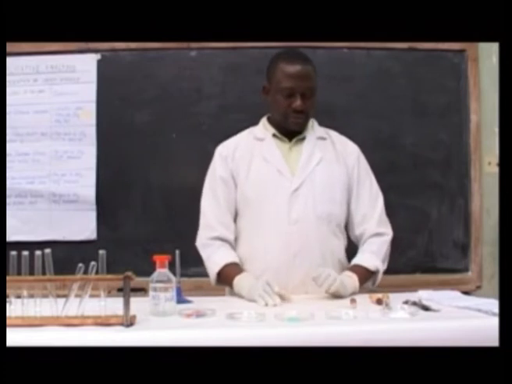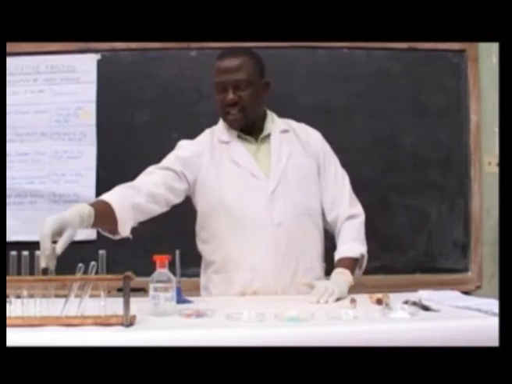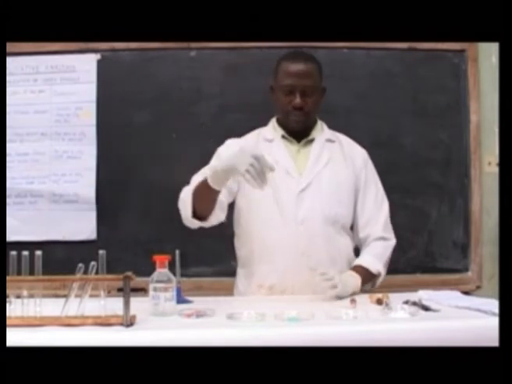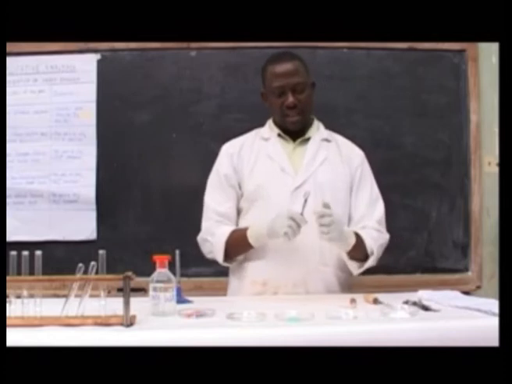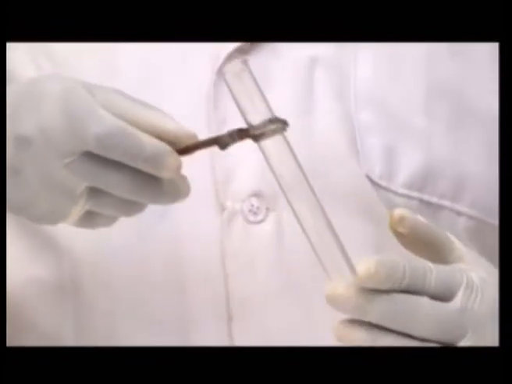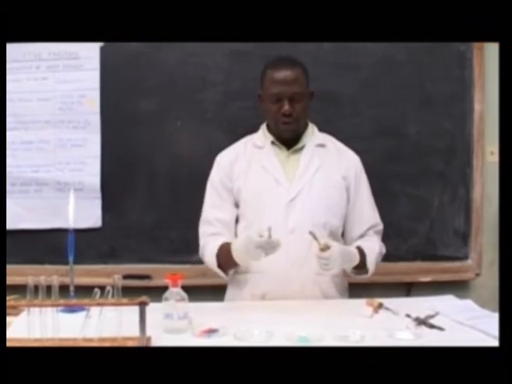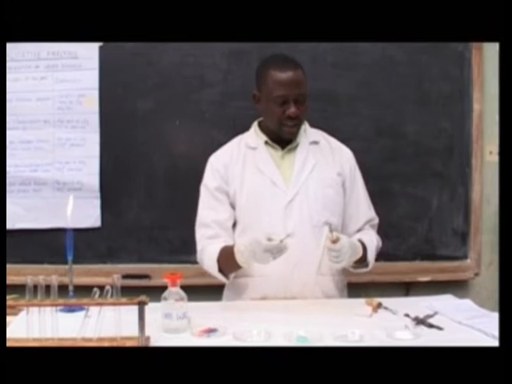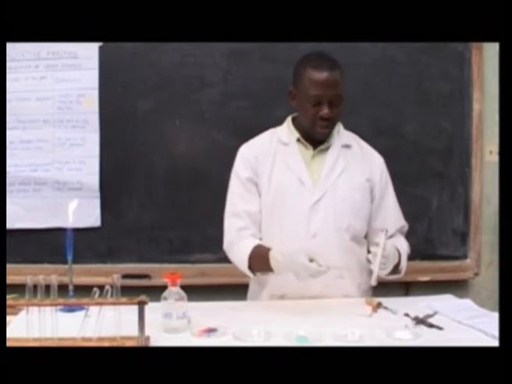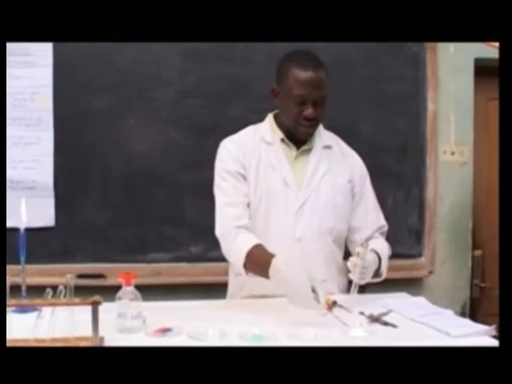Procedure: take a clean and dry test tube and then hold it with a test tube holder. Then use a clean and dry spatula to transfer a small amount of sample A into this test tube.